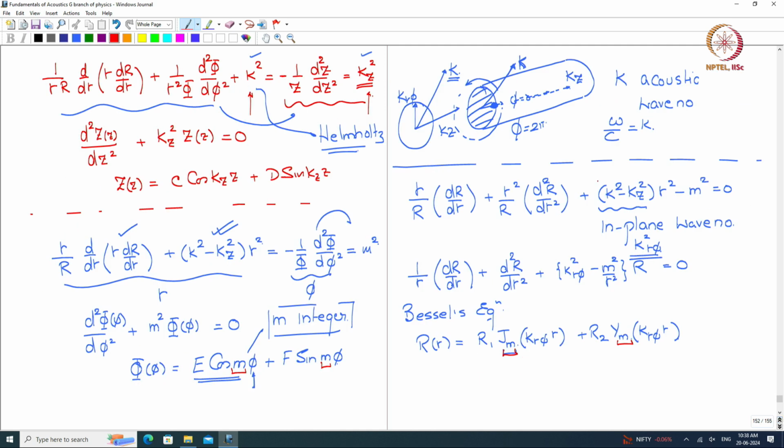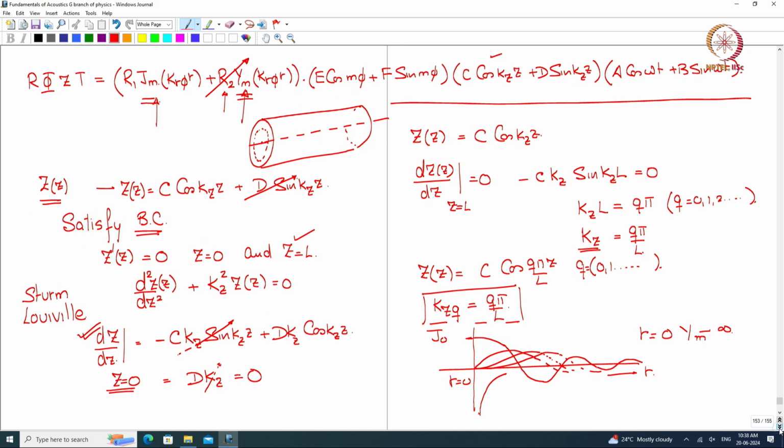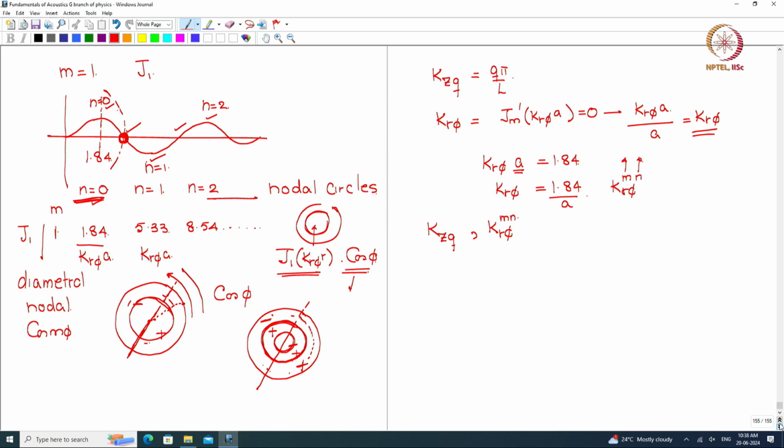We had here k square minus kz square, which is my kr phi square, right? I have k square minus kz square, which we call the kr phi square, or my kz square plus kr phi square is equal to k square.